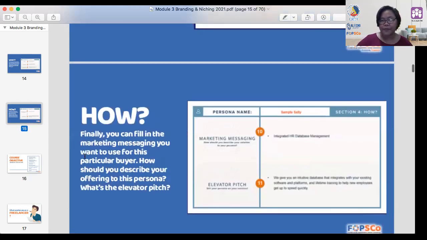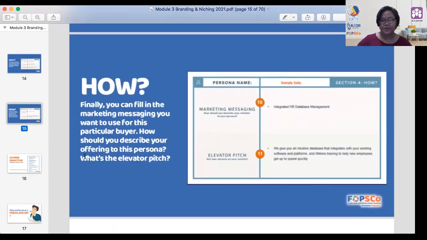Now, for us to sell our services as freelancers or whatever service we have, or even whatever services your client will have, you'll have to learn getting to know the client, the customer, by drawing the buyer persona, okay?